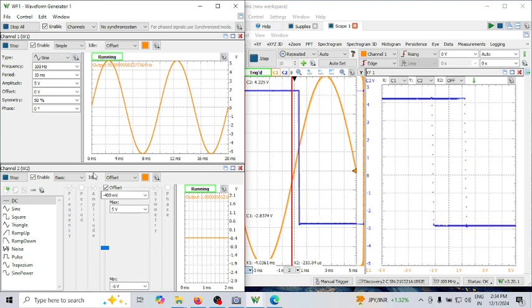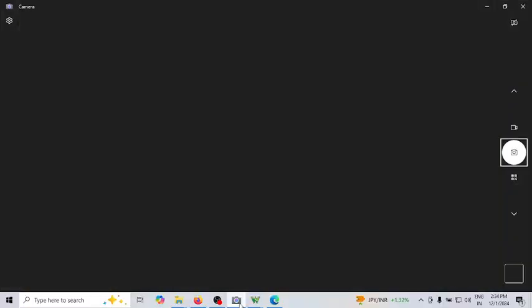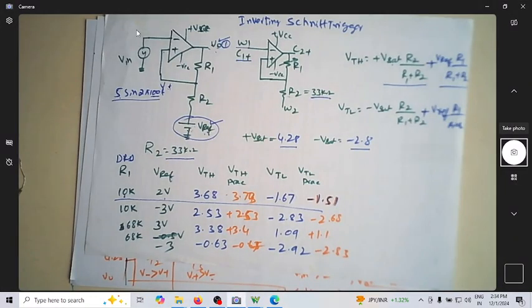And the very important thing we have to note here, it's really important: now input voltage we have kept at 5 volt. The input voltage amplitude should always be greater than whichever is the highest threshold voltage.